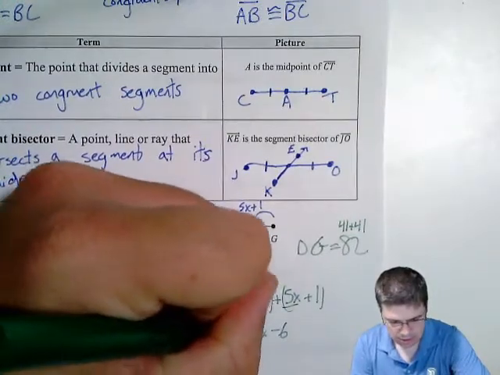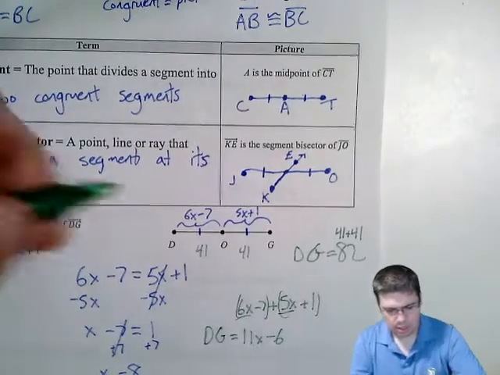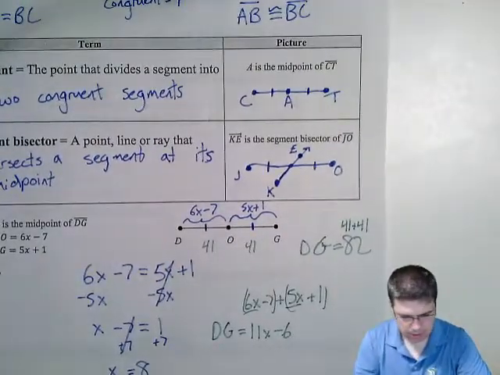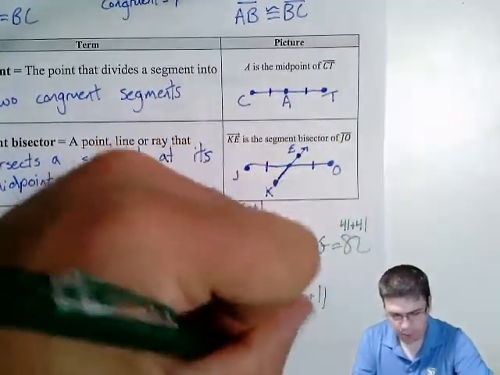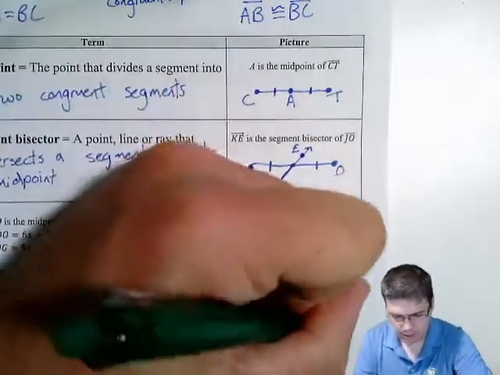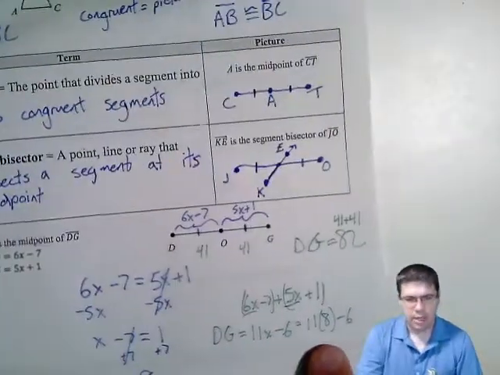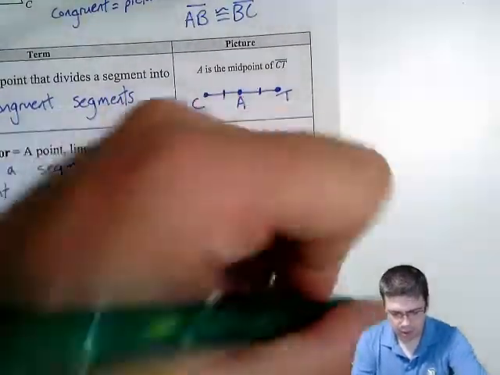DG is equal to 11x minus 6, plug 8 in, and so we would get 11 times 8 minus 6, which is 88 minus 6, which is 82.